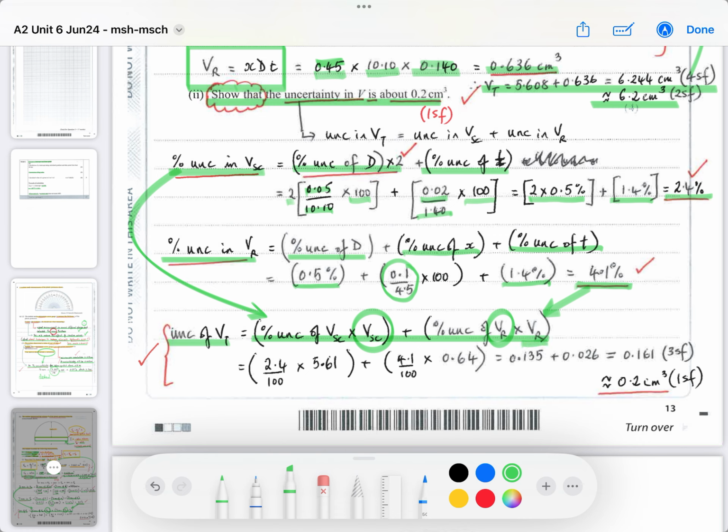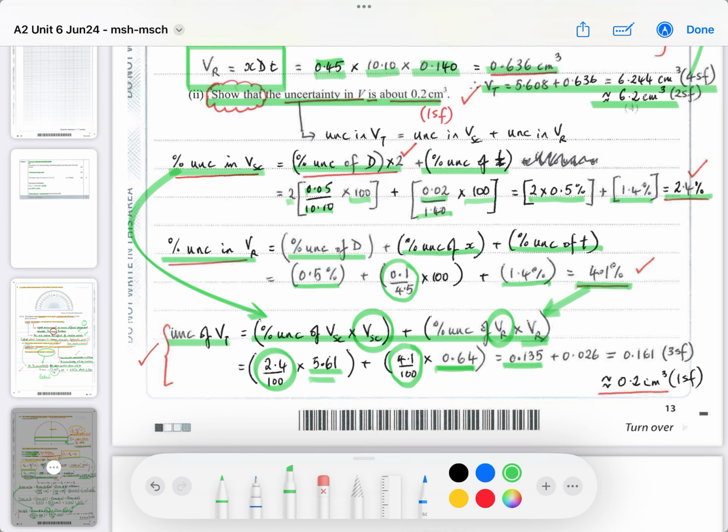That was 0.64, and the volume of the semicircular bit was 5.61. So you got 2.4% uncertainty of the semicircular part, so 2.4% of 5.61, and you got 4.1% uncertainty of 0.64 to add. So you calculate each of the brackets.